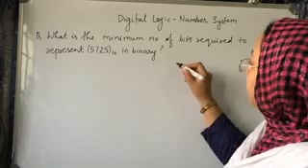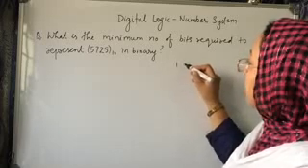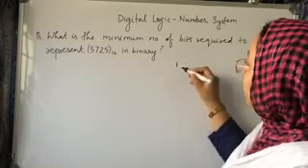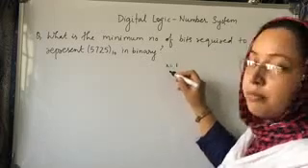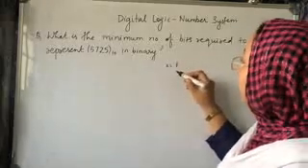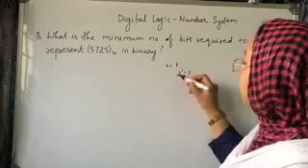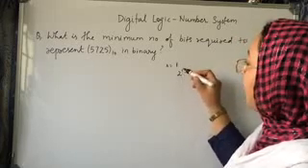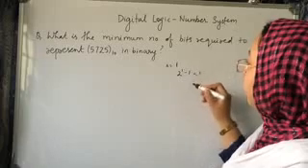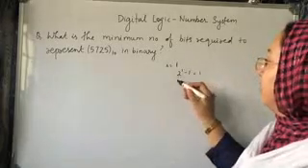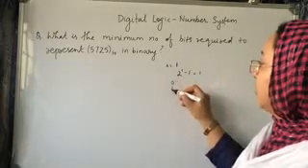If the number of bits n is 1, then the maximum number you can represent is 2 to the power of 1 minus 1, which is 1. The numbers are 0 and 1.